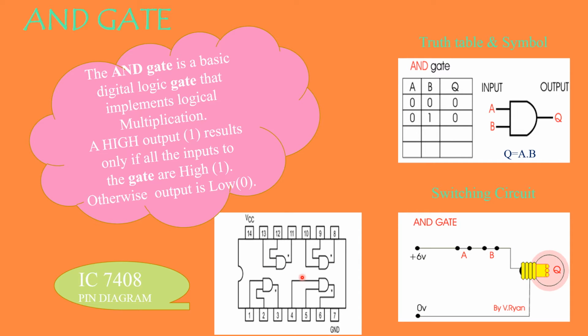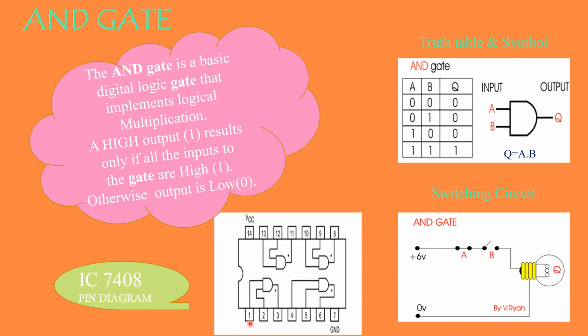Look at the pin diagram of IC 7408. Within one single IC, I have 4 gates enclosed. Always remember your 7th pin is going to be ground and your 14th pin is going to be the positive of your supply.